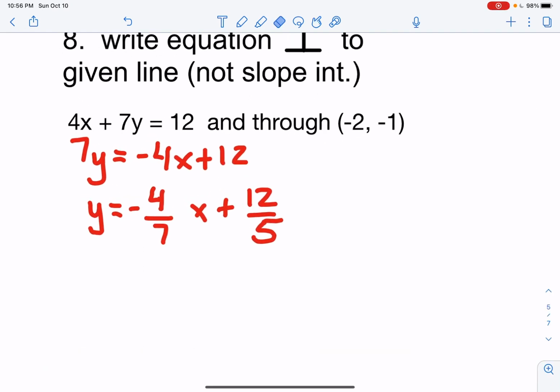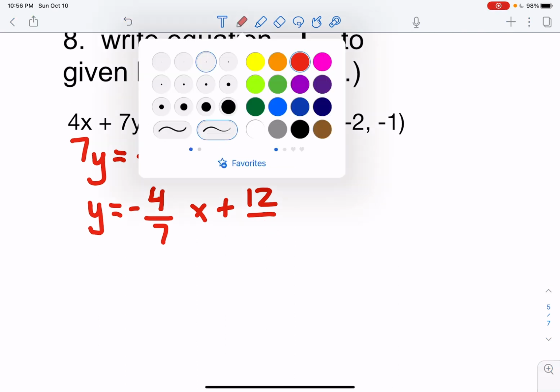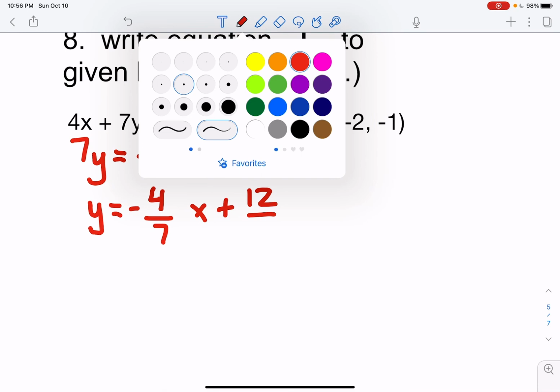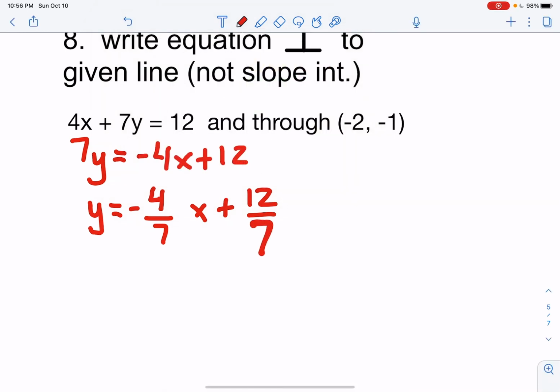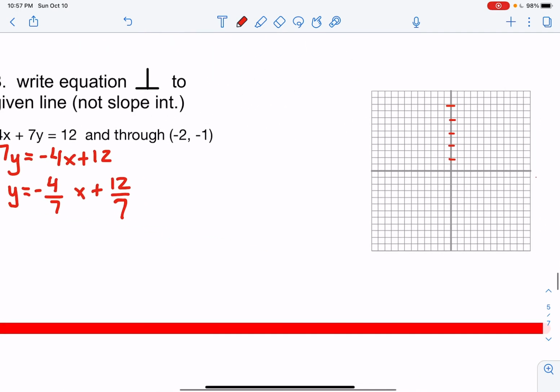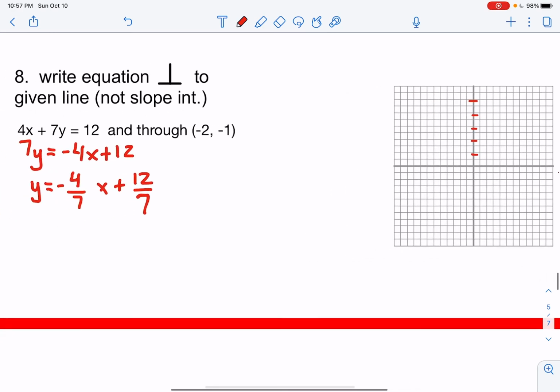No, this should be 12/7. But anyways, from there, go ahead and graph that.